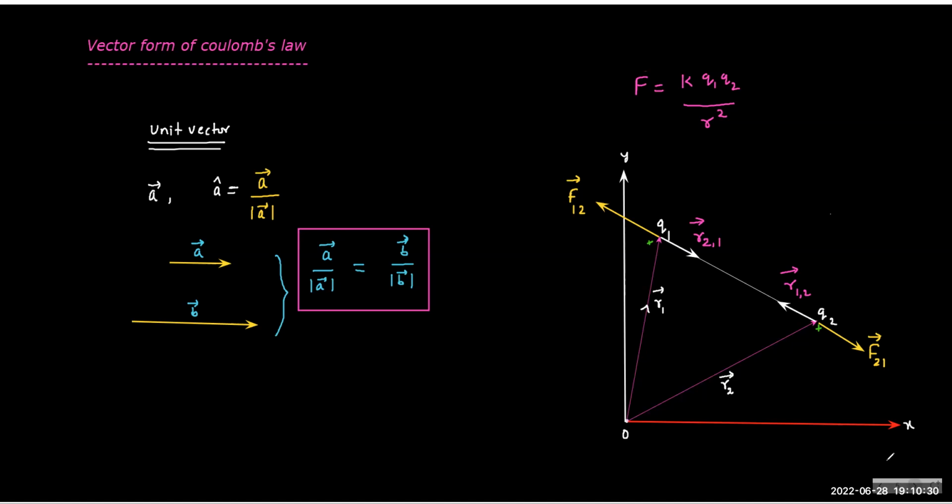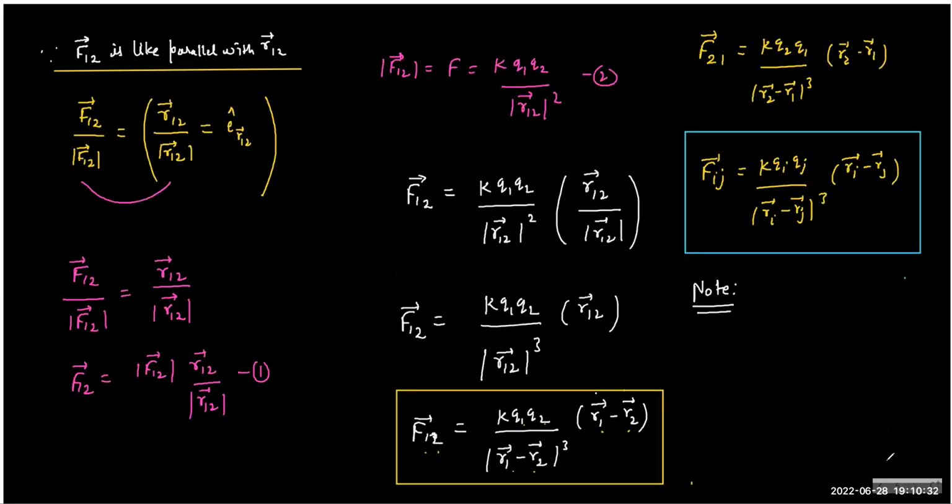So how to take care of this sign issue? Because the derivation is only meant for the one case. The direction switch can be taken care of by switching the sign only. That's it.